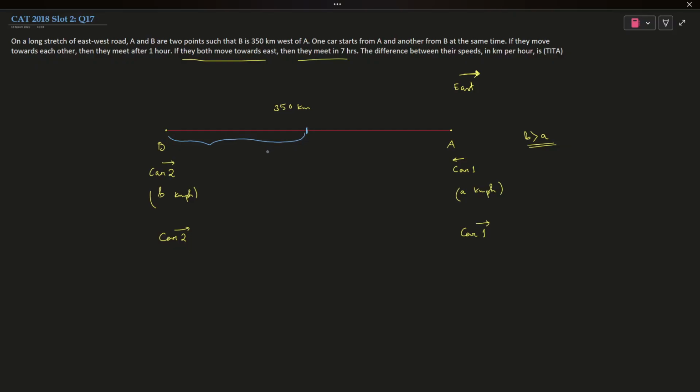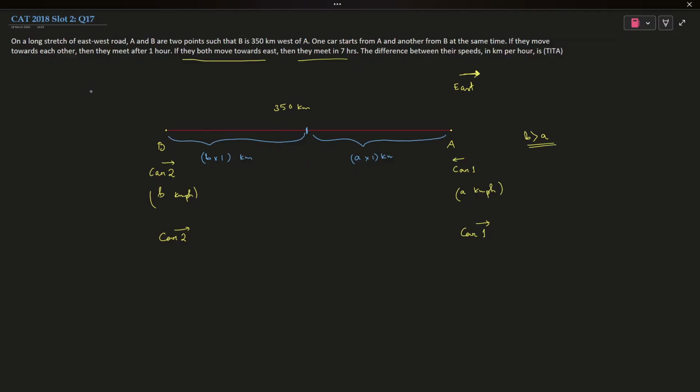Let's assume this is the distance traveled by B. In the same 1 hour, A will travel this much distance. So what is the distance traveled by B? Speed into time will give me the distance. So B into 1 hour. A will travel a distance of speed into time, so A into 1 hour. So this is the distance they will cover.